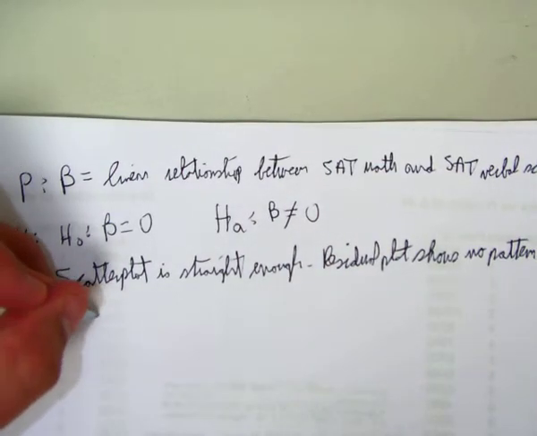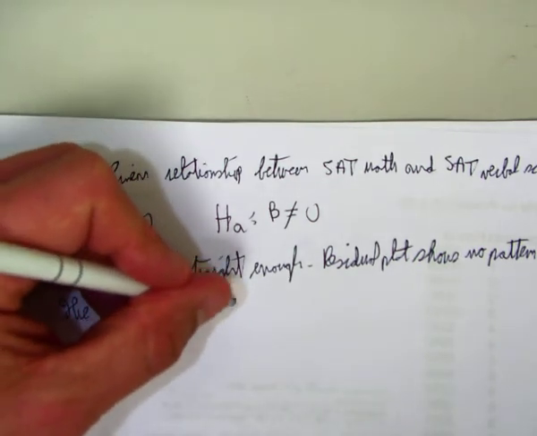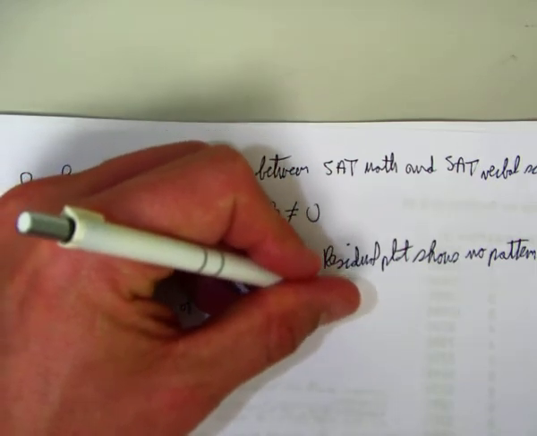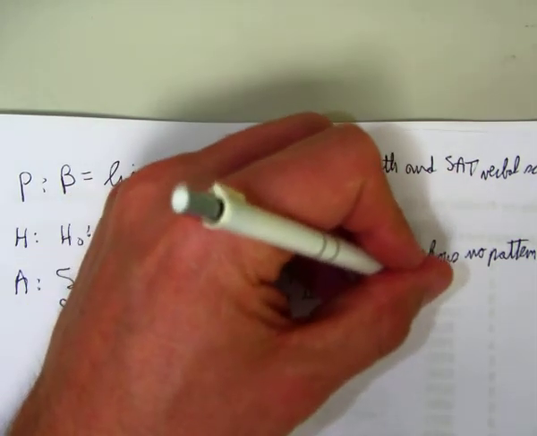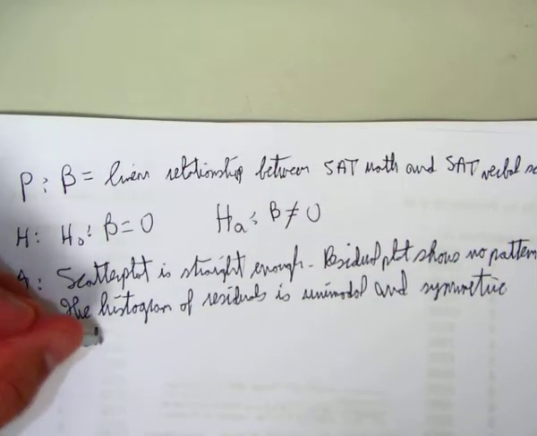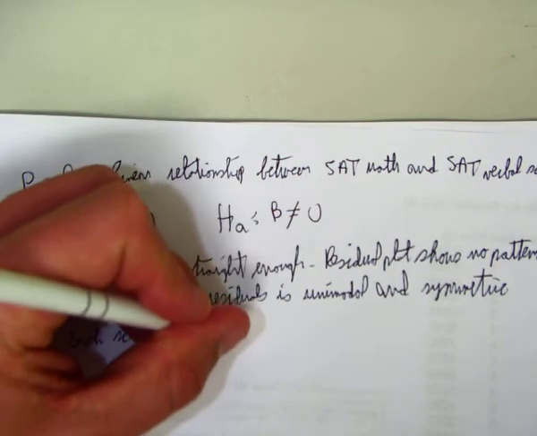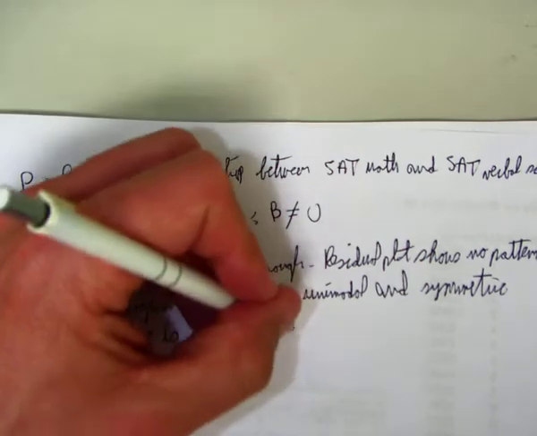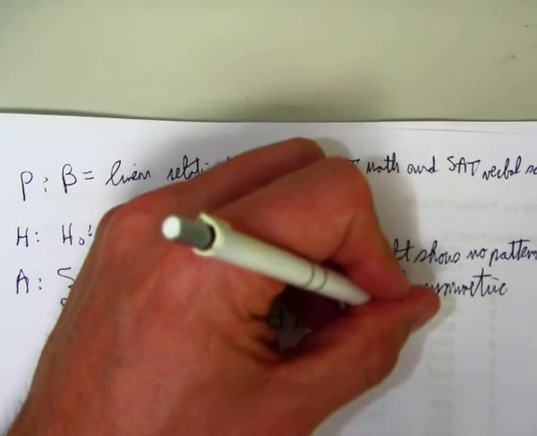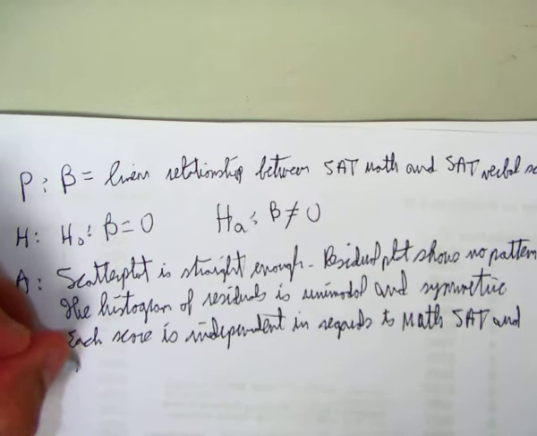The histogram of the residuals is unimodal and symmetric, and each score is independent in regards to math SAT and verbal SAT scores.